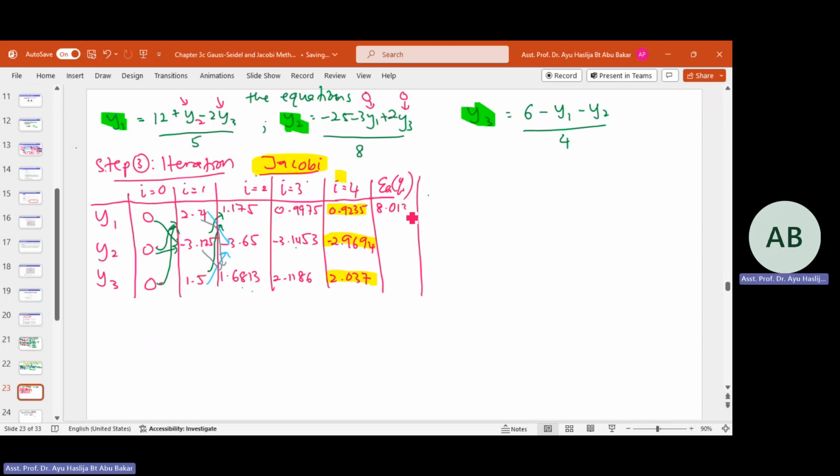Do you get this value or do you get 7 point something? 013, right? Sabat, try to check back your calculation. Y2, you should be getting this. Then Y3, 4.006.